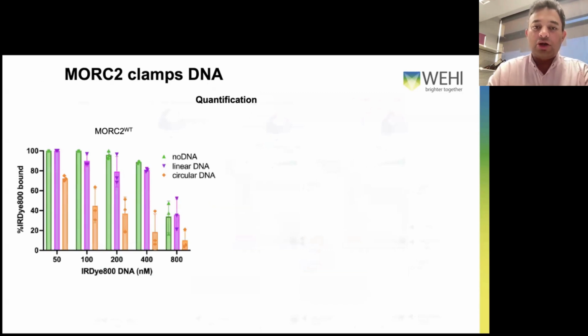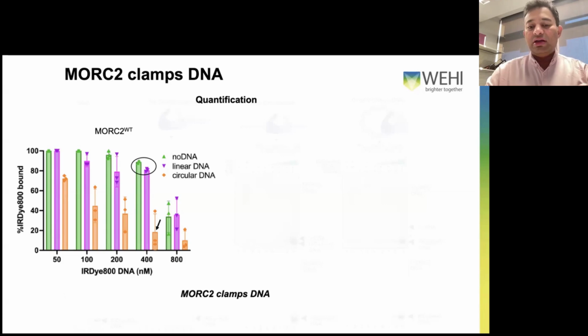So long story short, what we observed for the full-length MOC2 was that it was easier to compete out the linear DNA when the pre-incubation happened with the linear DNA, but it was much more difficult when the pre-incubation was with circular DNA, and the linear DNA was not able to compete it out.